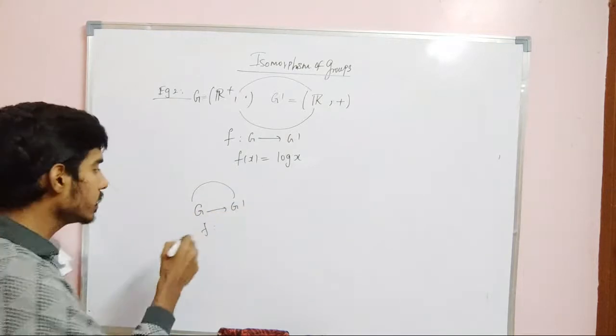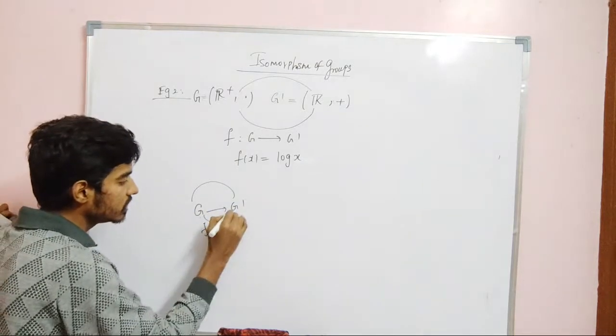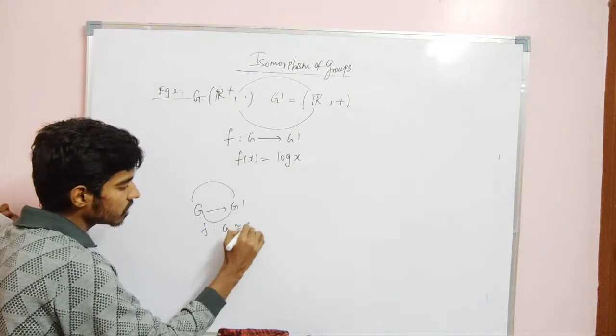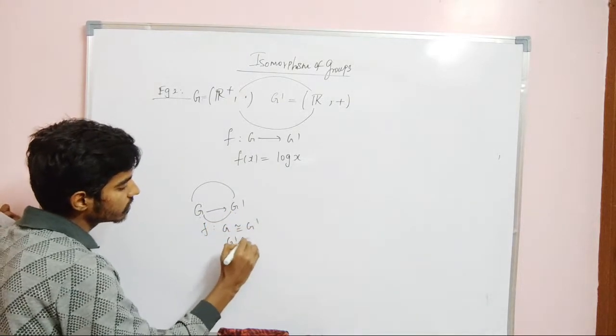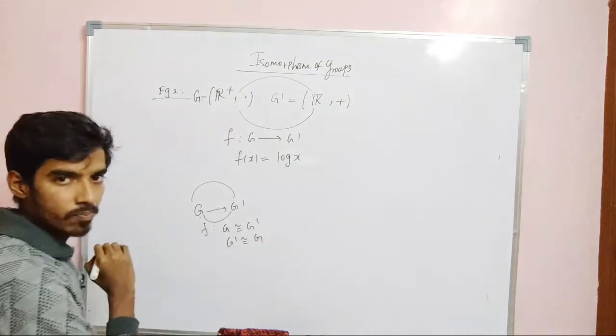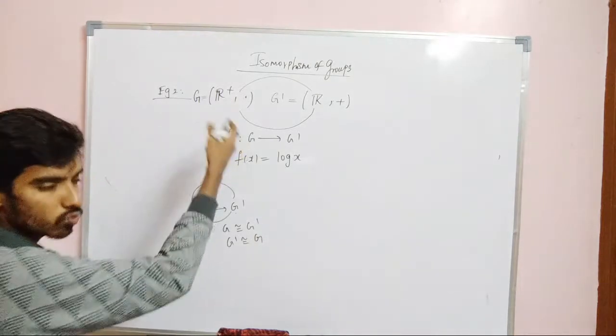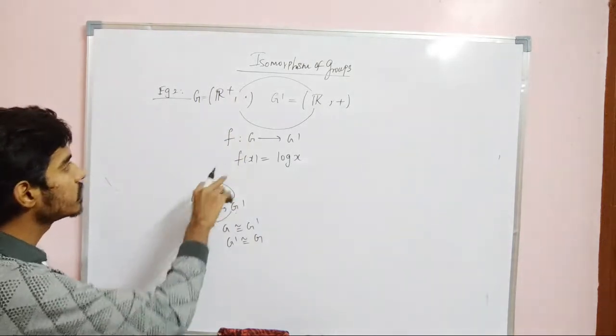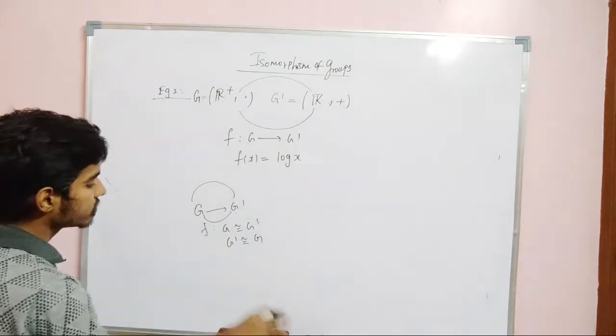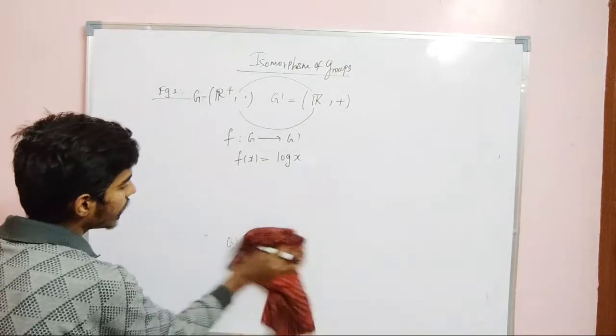So if G is isomorphic to G dash, then surely G dash is also isomorphic to G. That is what they are trying to say. So if I define the map f of x equal to log x, automatically this is also an isomorphism.